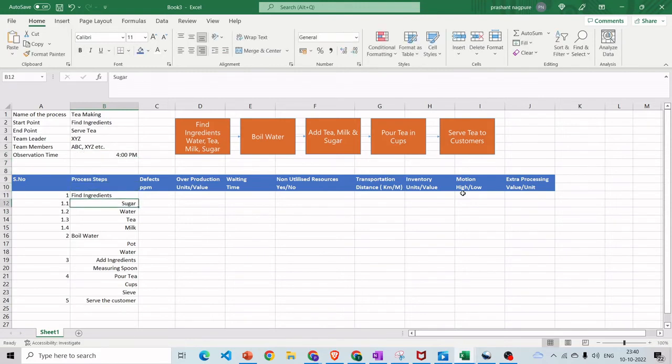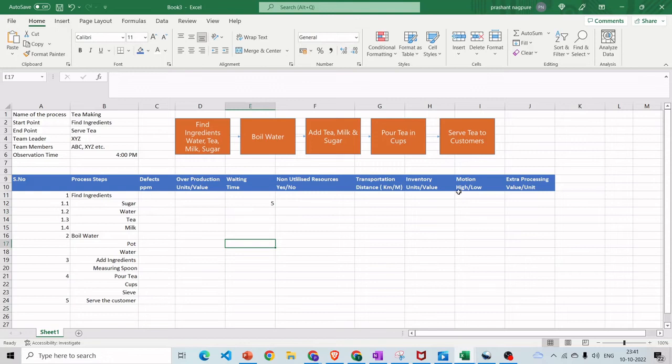With the find ingredients, everything was easily found. What was not easily found was sugar. So what happened? We waited for 5 minutes to find sugar. So let's say this is 5 minutes. So once we found the ingredients, put the pot on the gas, and then put some water, and we waited for the water to be boiled.